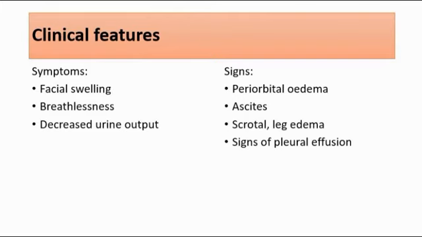For signs, we will be able to see periorbital edema, ascites, scrotal and leg edema, and also signs of pleural effusion, like ipsilateral reduced chest expansion, or stony dullness on percussion, and if we auscultate, we can hear some bronchial breath sound just above the pleural effusion.